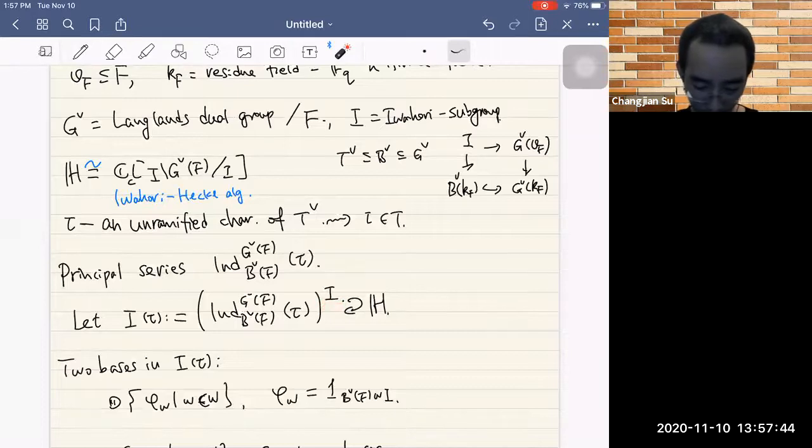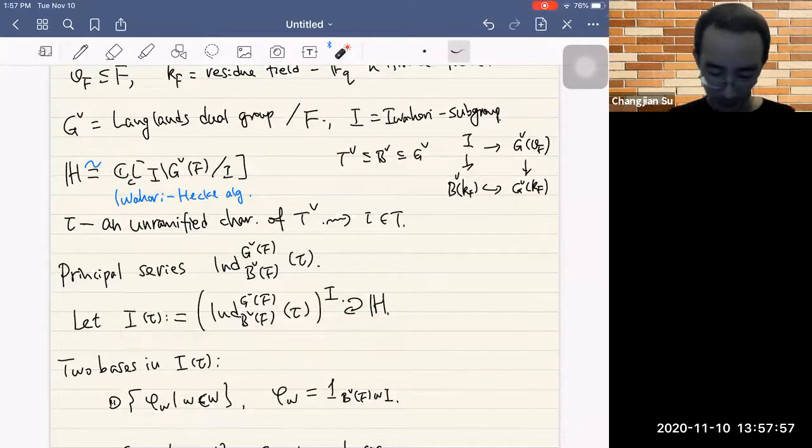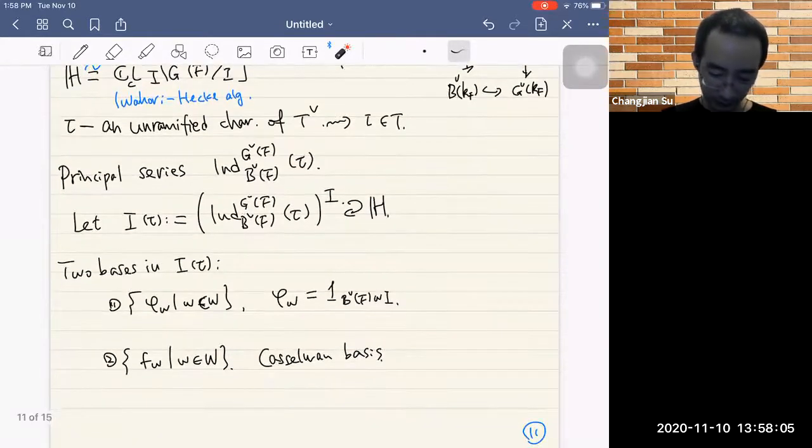And then because we use the right invariance here and also use the left invariance in the Hecke algebra, then this algebra will act on this I of tau by convolution. Okay. So then this will be our analog of this K-theory of the Springer resolution. And then there are natural bases inside these invariants.